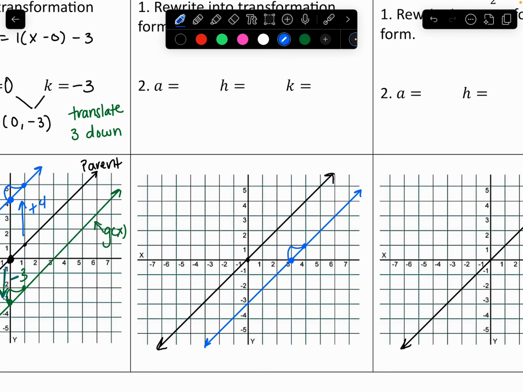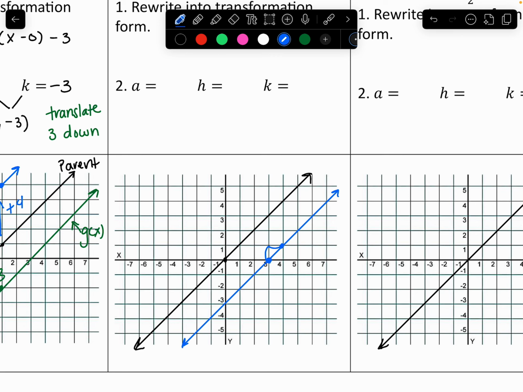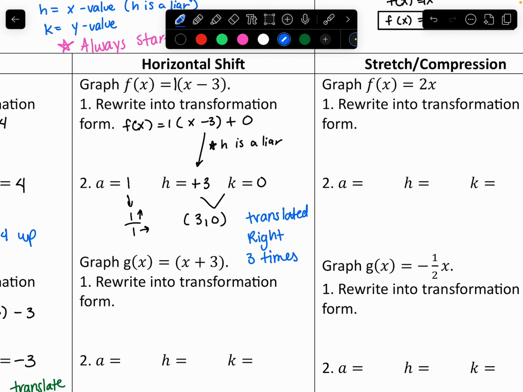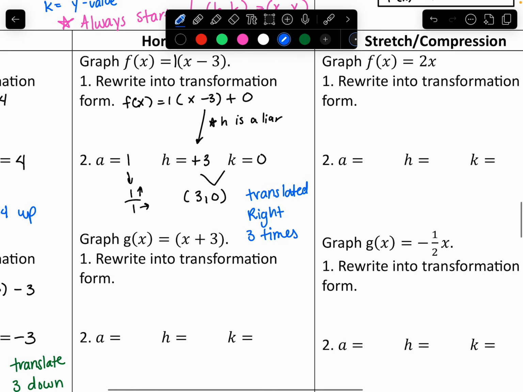Where did I move this time? Did I go up or down? Or what happened? Right? I moved to the right. 1, 2, 3. I moved to the right 3 times. So this is going to be translated right 3 times. That's what you guys would write.